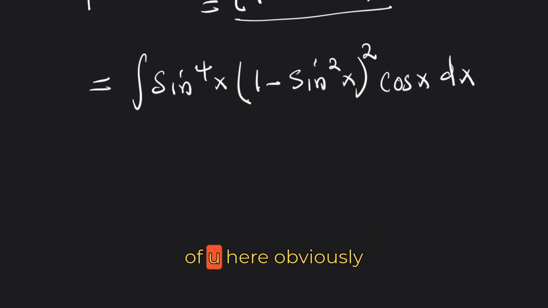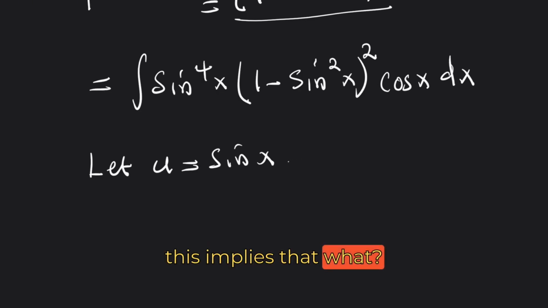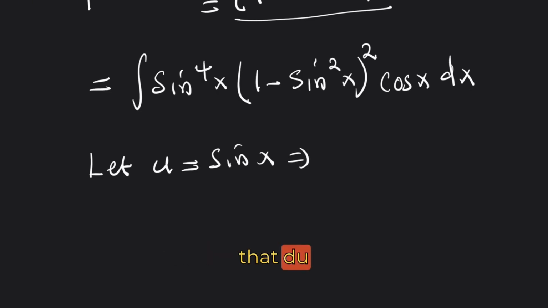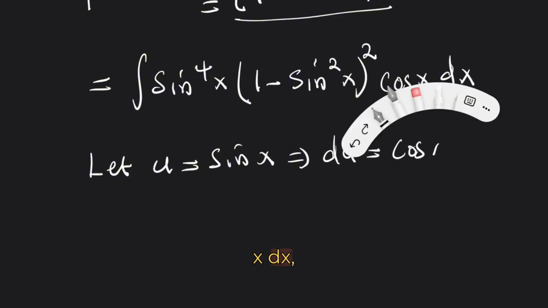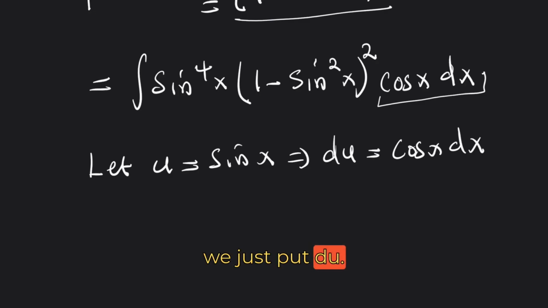The choice of u here obviously is sine, so let u be equal to sine x. This implies that du is equal to cosine x dx. Remember we saved our cosine, so where there is cosine x dx, we just put du.